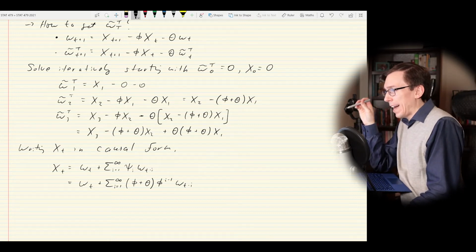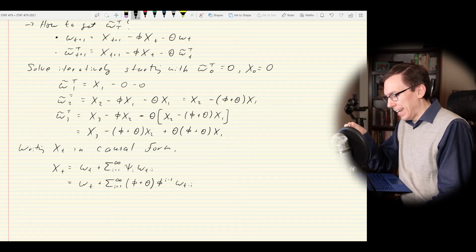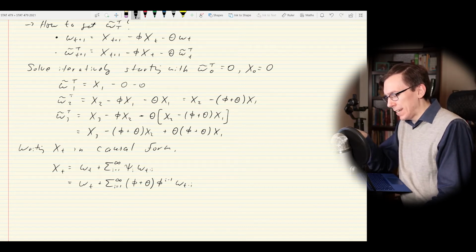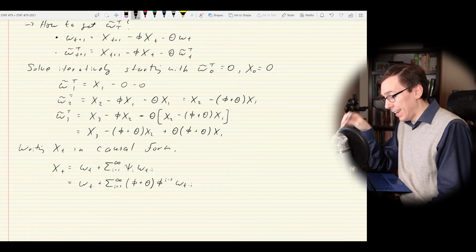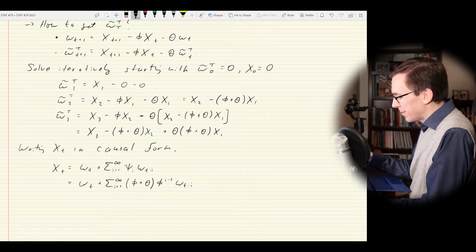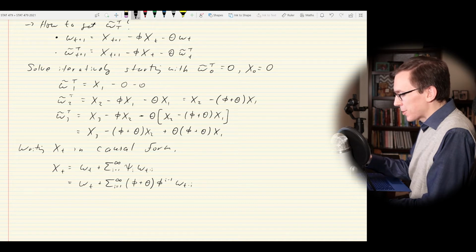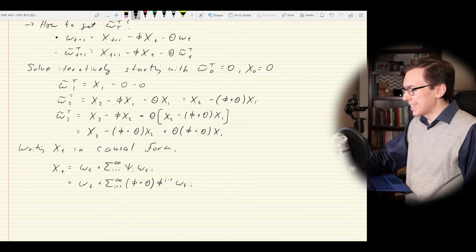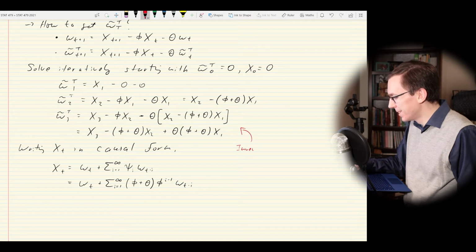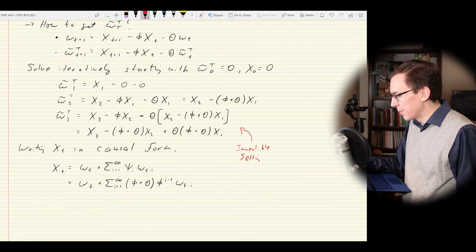So now we have the causal representation in terms of phi and theta. That's why I was confusing myself with the above, because in the above equations we're looking at the invertible setting, and what we're actually doing is multiplying by theta.